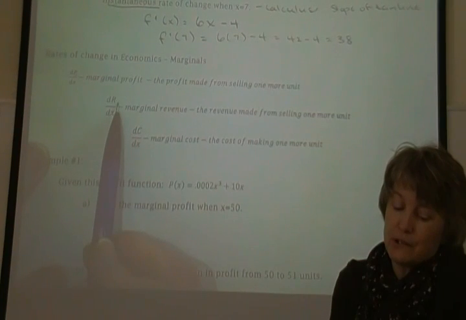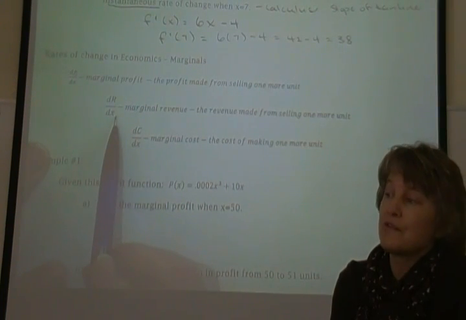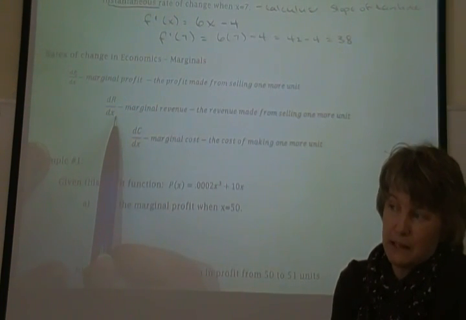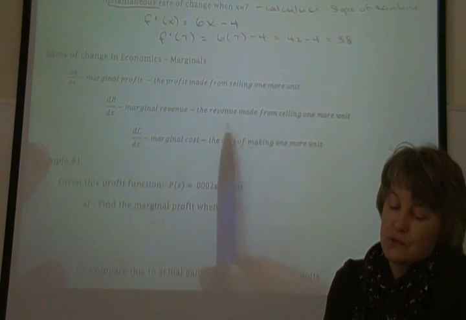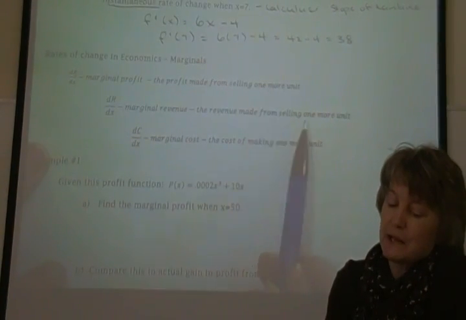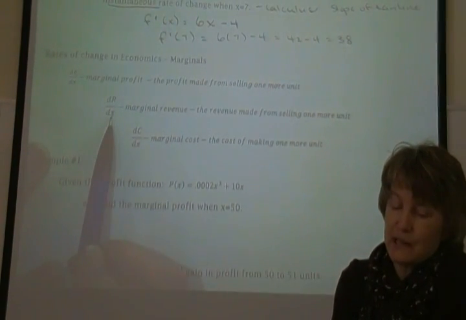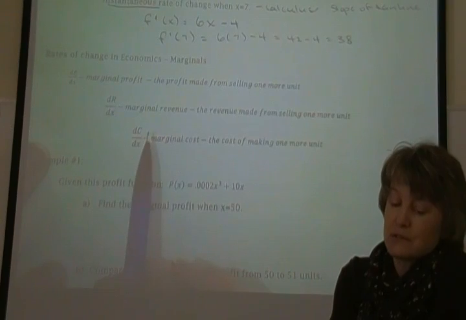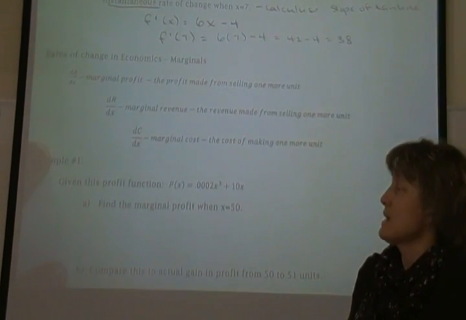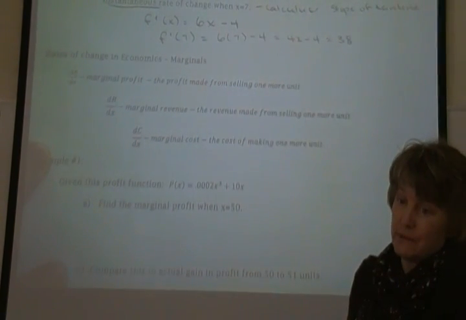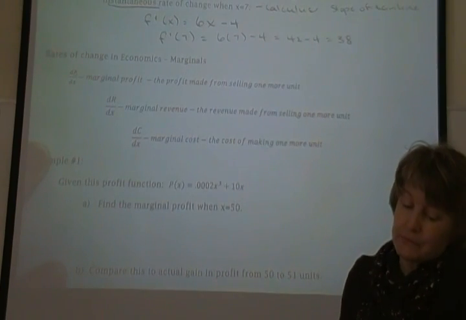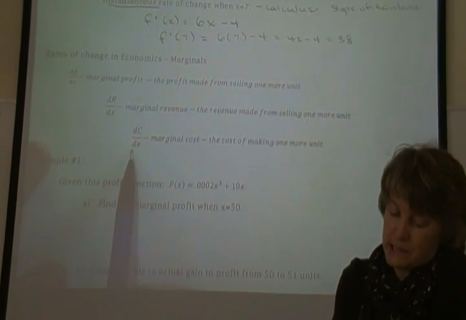The change in revenue with respect to the number of units that I am selling. So the revenue I'm going to make from selling one more unit. And if I know what x is, if x is 75, it's the revenue I'm making on the 76th unit, that next unit. And the same thing for cost.